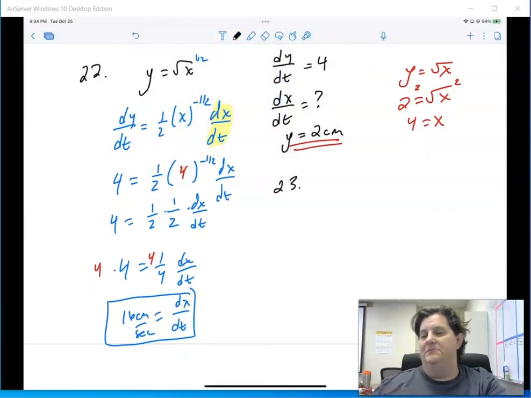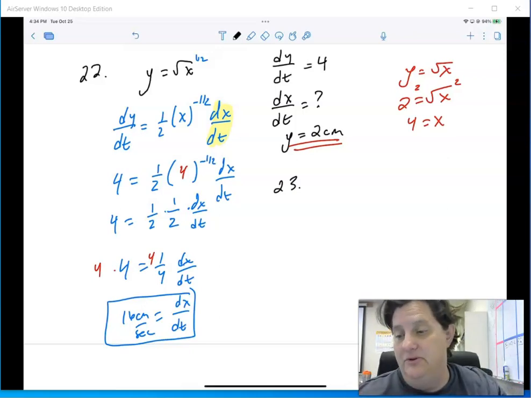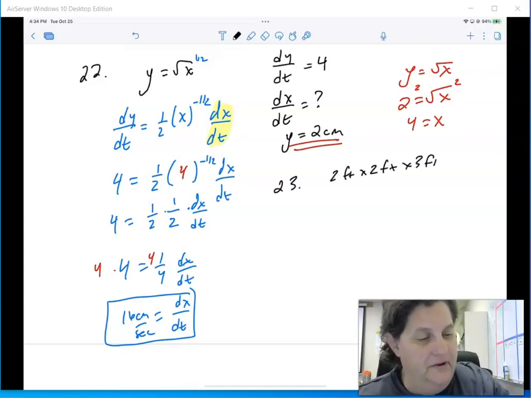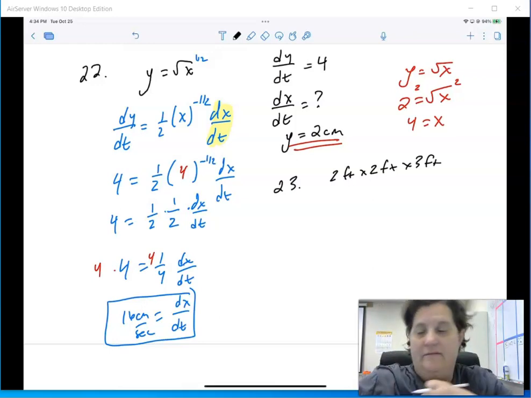Okay, a block of ice is exposed to heat in such a way that the block maintains a similar shape as it melts. It's initially 2 feet by 2 feet by 3 feet. So it's a 2 by 2 by 3 foot block or whatever. Okay?